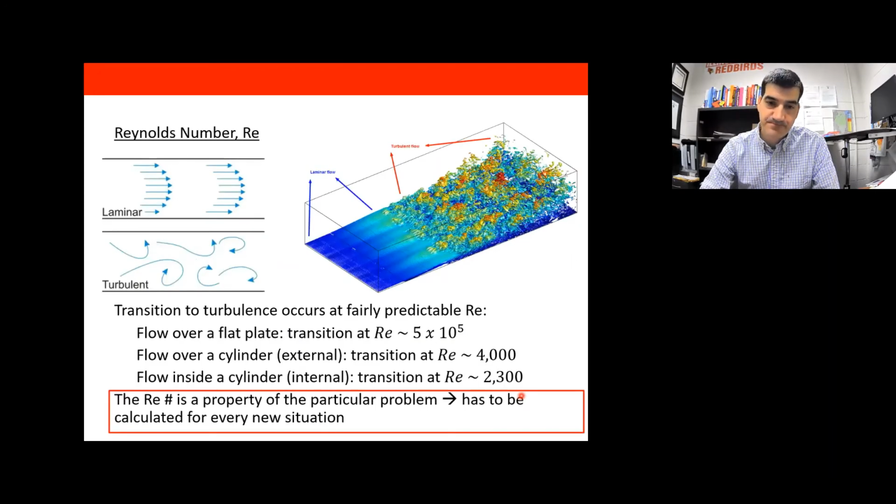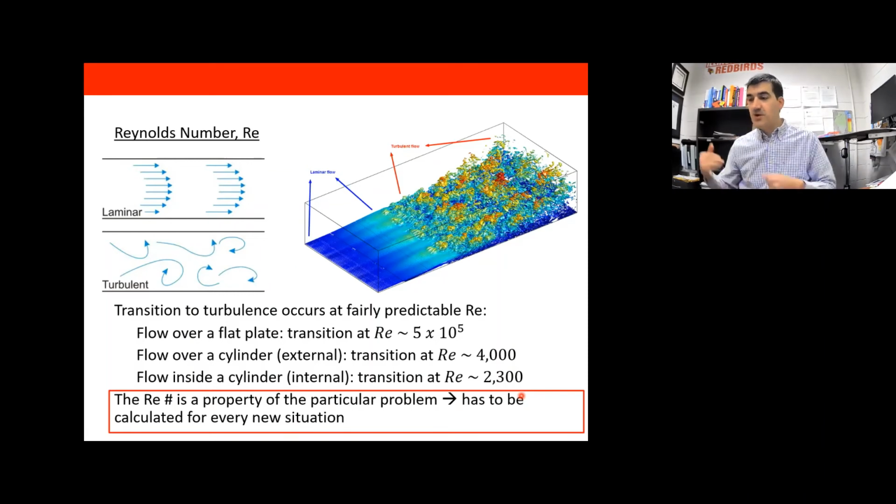All right, so let me tell you what the characteristic length is. It depends on the situation over which the fluid is flowing. If the fluid is flowing over a plate, then the characteristic length, L sub C, is the length of that plate in the direction that the fluid is flowing. If the fluid is flowing over a cylinder, like over a pipe or over a tube, then the characteristic length is the diameter of that cylinder.